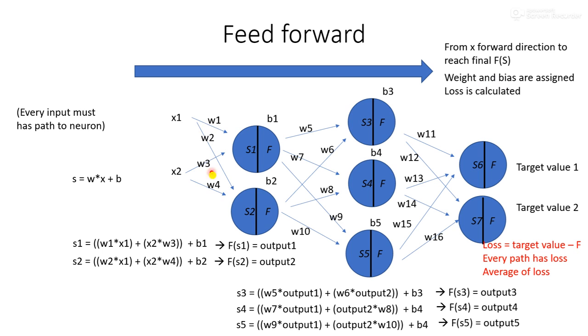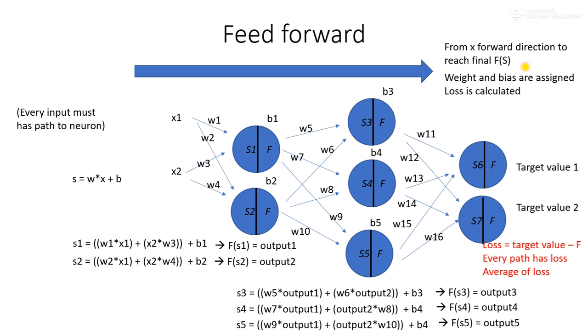Assigned means you have a weight and its value, and biases B1, B2, B3, B4, B5. And the loss is calculated. Here you get a loss, here you get a loss, and then the average of the loss, summed up and divided by 2. Once you get the loss, it is feed forward. You feed it from the beginning toward the end, so you're moving forward.